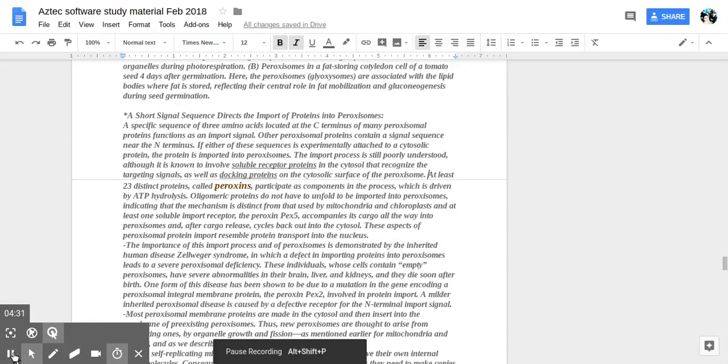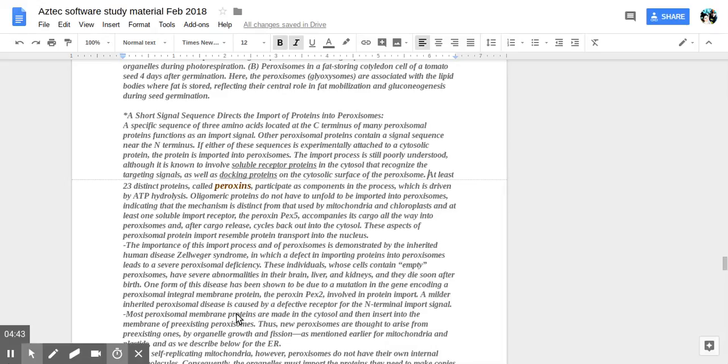The importance of this import process and of peroxisomes is demonstrated by the inherited Zellweger syndrome, a defect in importing proteins into peroxisomes, leading to peroxisomal deficiency. So, with cells that contain quote-unquote empty peroxisomes, there can be abnormalities in the liver, the brain, the kidneys, and death can result even shortly after birth.